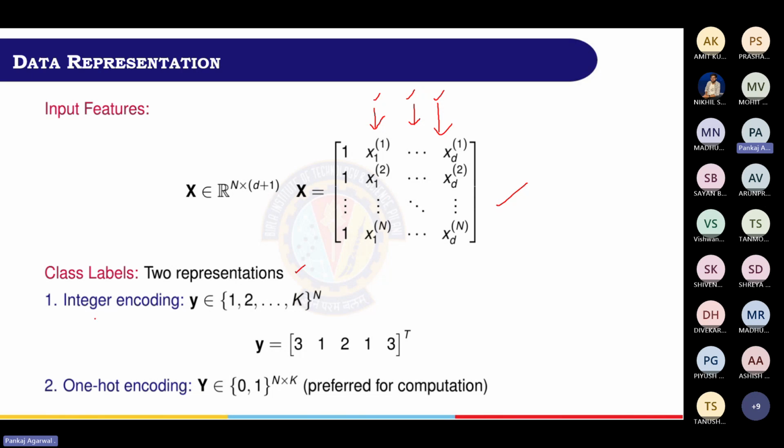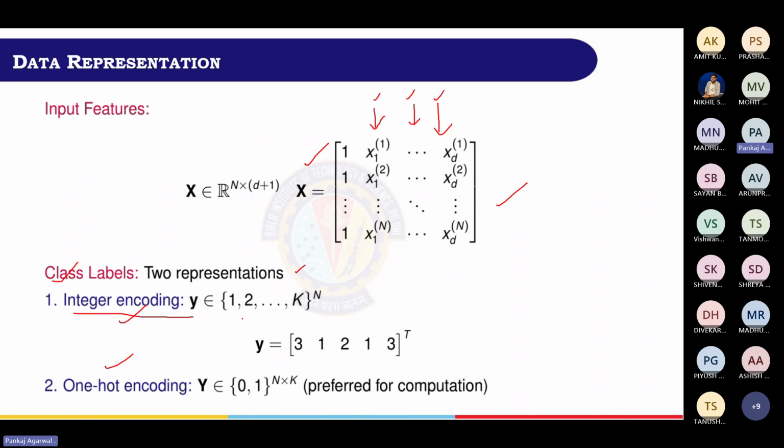So obviously we need first the representation of the classes, how the classes would get represented somewhere, right? This is obviously the input feature in the entire data, right? But how the classes would get represented, that also we have to understand. So either you go for integer encoding or one hot encoding. Everyone knows it.